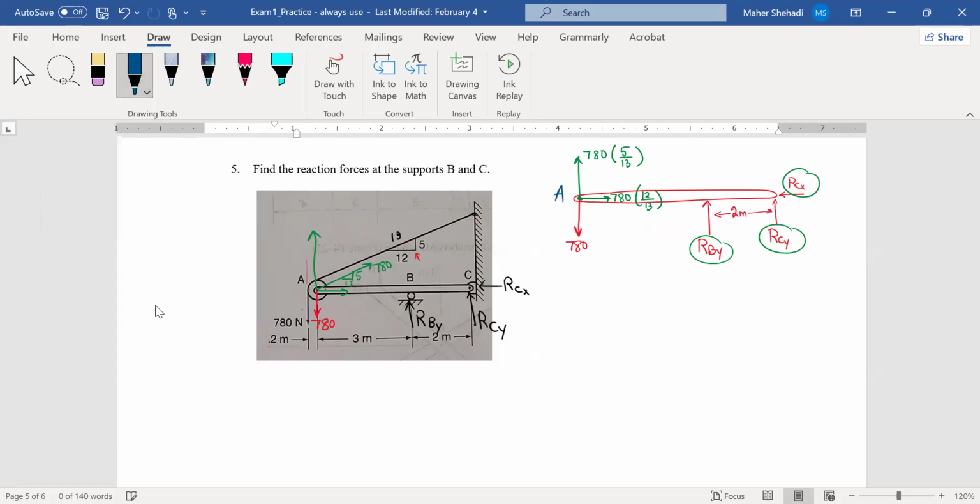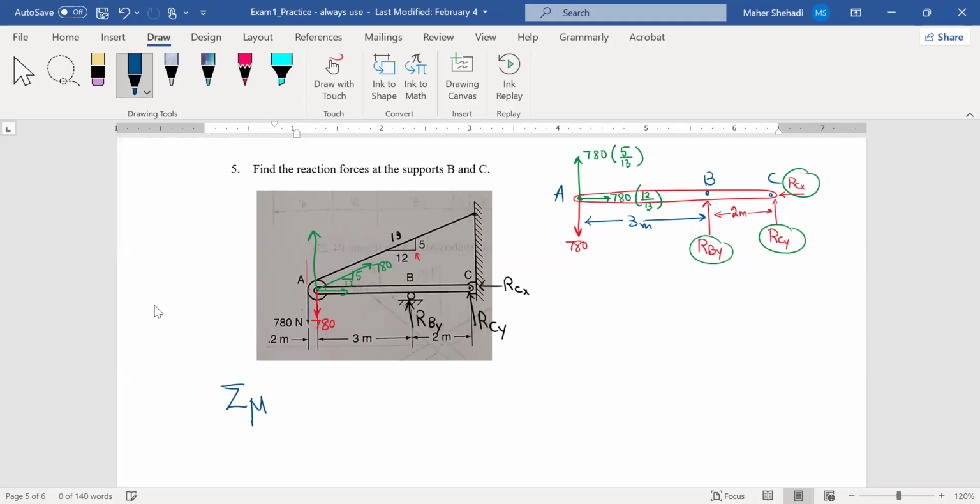That's A, that's B, and C. We have 2 meters here, and we have 3 meters. Okay, we said the first hint, start with the moment equation.